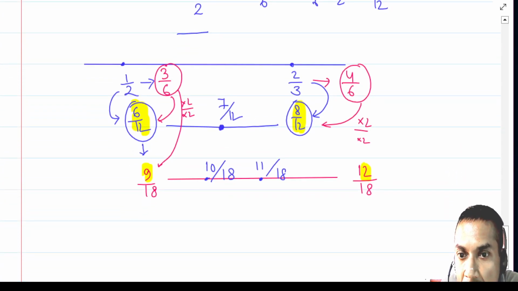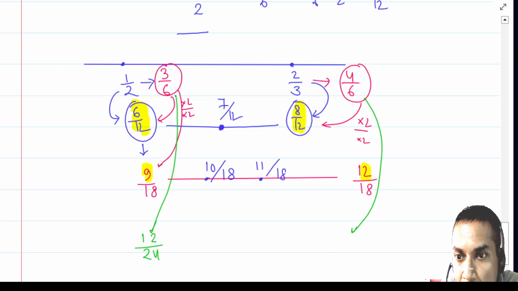Clear? Again, if we multiply by 4, we get 12/24 and 16/24.